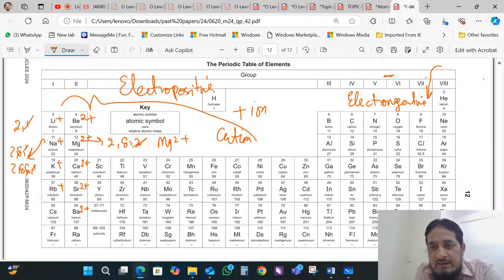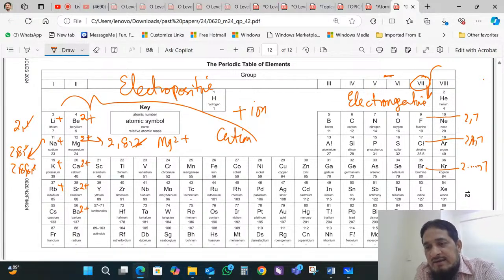The negative ions will be carrying the negative charge. They are in group number 7, so they have 7 electrons in the last shell: 2, 7 or 2, 8, 7. In the last shell, they need just 1 electron. In order to complete the noble gas configuration, they are going to take just 1 electron, so they will have a minus 1 charge.